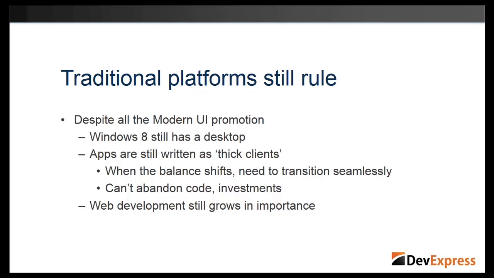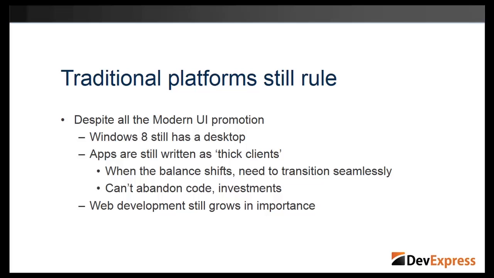And one of the things that became really clear during our discussion is that traditional platforms still, I put down here, rule. They're still extremely valid. People are still developing for traditional platforms. So despite all the modern UI promotion by Microsoft over the past 9 months or so, Windows 8 still has desktop. People are still writing applications for the desktop.